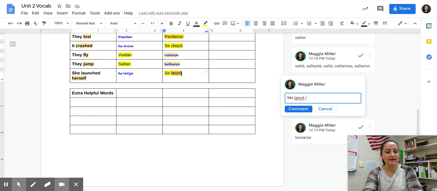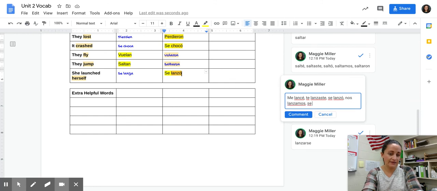So me lancé. We're not going to do it in the other forms, though. So me lancé, te lanzaste, se lanzó, nos lanzamos, and se lanzaron. Bueno. So again, just that one form in the preterite tense, yo.